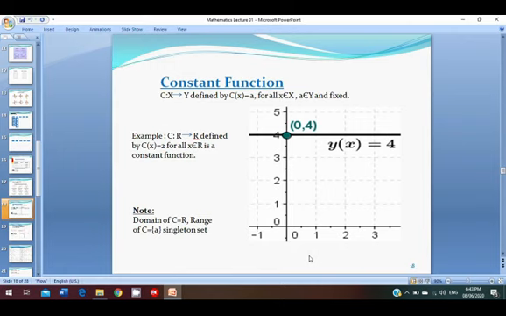Here we have c of x is equal to 2 from minus infinity to positive infinity, which is the domain of this function. You can put any value of x as a domain, but you get the same result, that is 2. So that's why we can say the domain of this constant function is the real numbers, but the range of this constant function is always a singleton set.